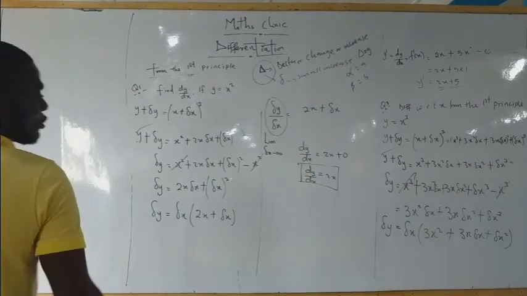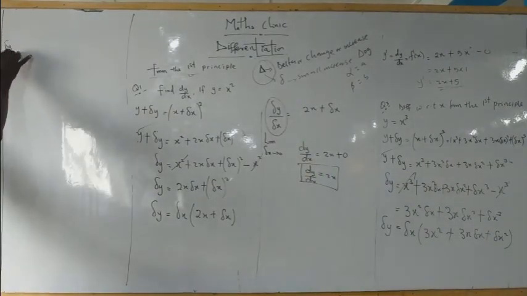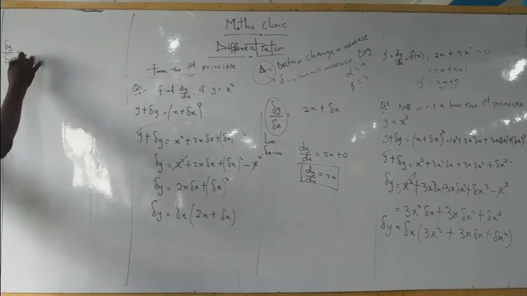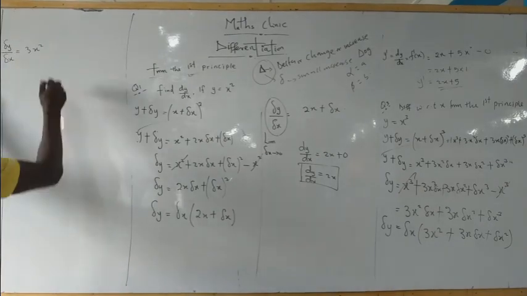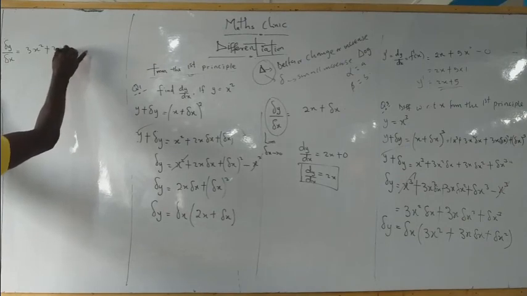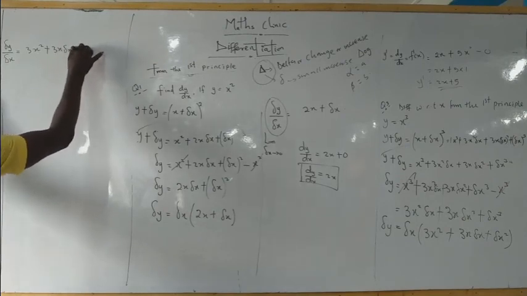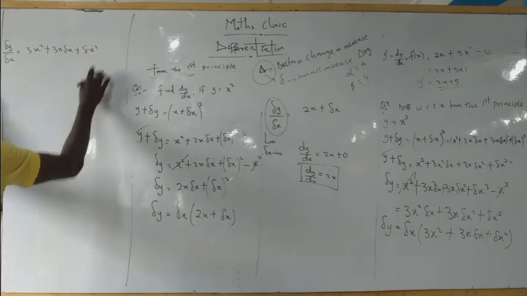Okay? So we divide through by changing x. So we have changing y over changing x equals 3x squared plus 3x change in x plus change in x squared.